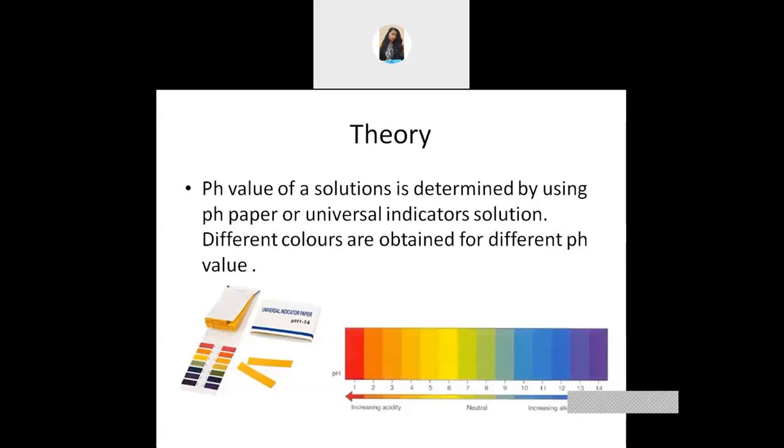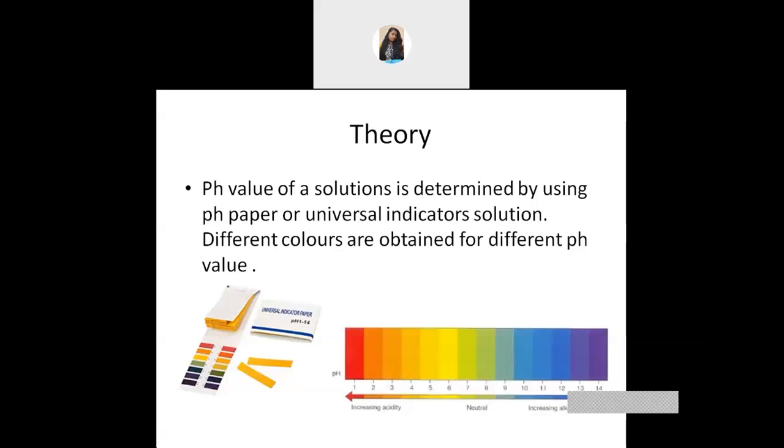So when the pH paper turns red or pink, the pH is 1 or 2 or below, and the solution is acidic in nature, because when the pH value is below 7, the solution is acidic.